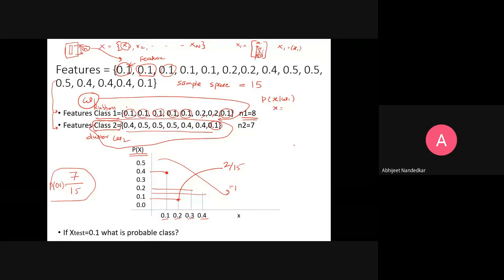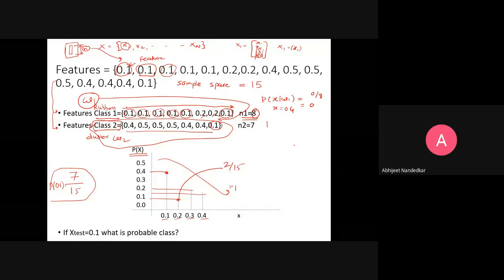Suppose the value of x is 0.4. Then I am searching for 0.4 in this list. You will see there is no 0.4 in this list, so my count is 0. So 0 divided by 8. So probability of x given omega 1, where x is equal to 0.4, is 0.